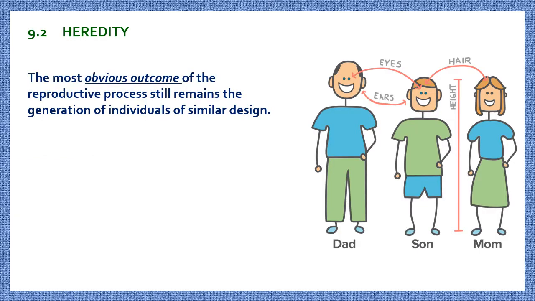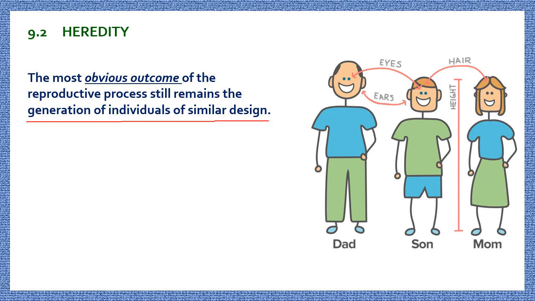now we'll come to the next topic, and that is heredity. Let me explain and then I will tell you the definition of heredity. The most obvious outcome of the reproductive process still remains the generation of individuals of similar design.